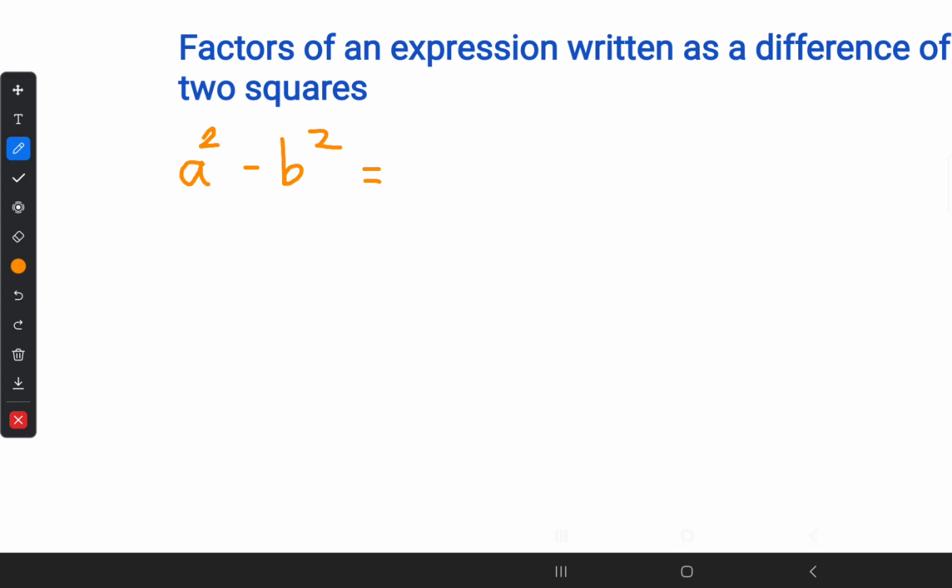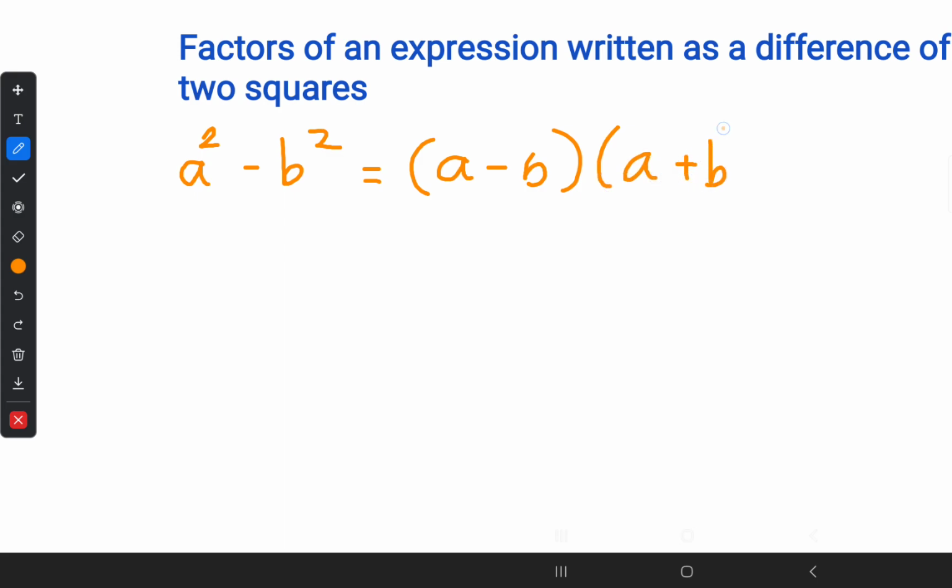Difference means subtraction. From the higher one, we are going to subtract the lower one. A square minus b square, you can express this. The factorization for this type would be a minus b into a plus b.